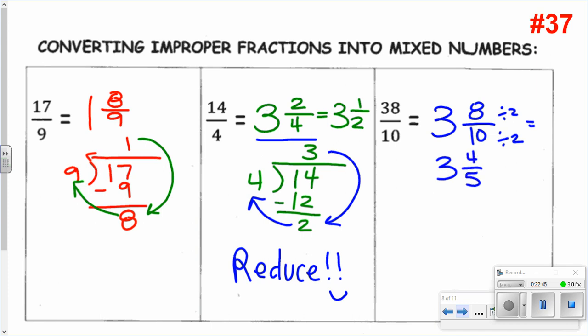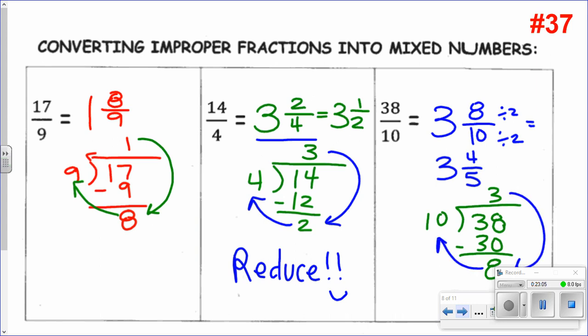Okay. Now, do it like this for you. Okay. So 3 times 10 is 30. We have 8 left over. So our whole number, our numerator, and our denominator. Okay.